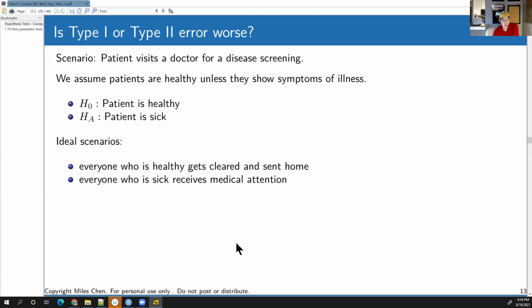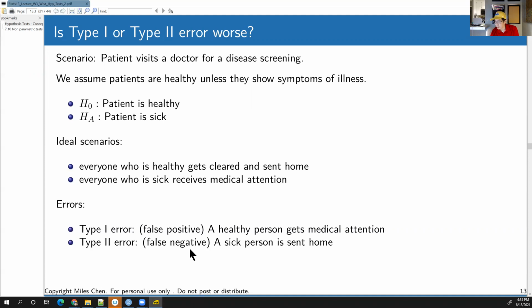Sometimes we commit a type 1 error, and sometimes we commit a type 2 error. What would a type 1 error be in the context of this situation? Anybody? Okay. Yeah, so type 1 error would be saying that a healthy person is sick, okay?